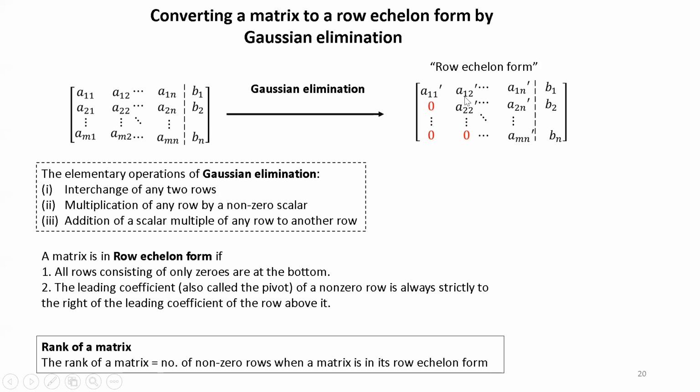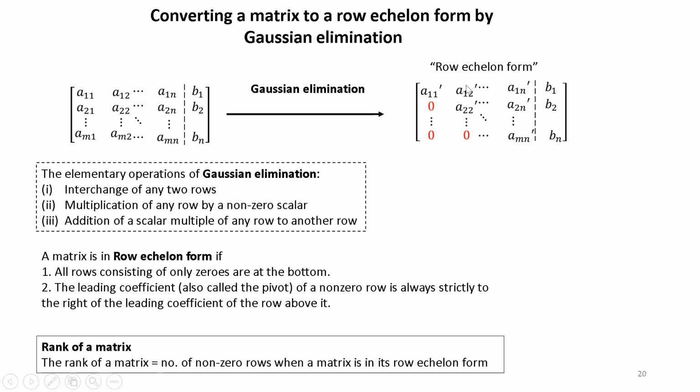For example, this is the second row, and the first non-zero coefficient is this A22 prime, in the second column.